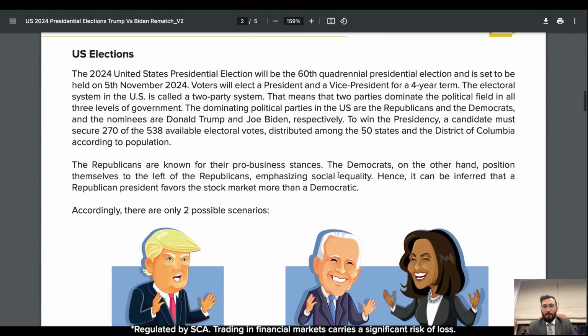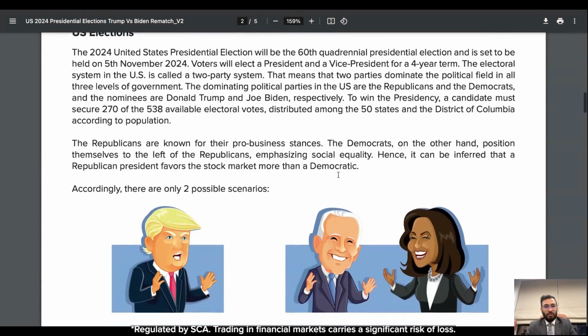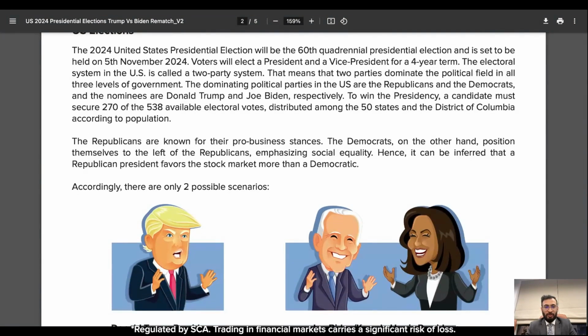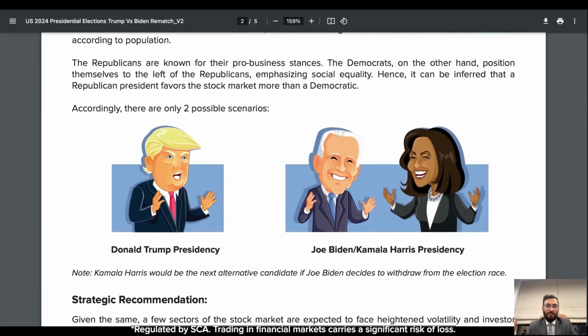And there are two parties which are going to contest the elections. Out of 538 electoral votes, the candidate who's going to win needs a majority of 270. And these electoral votes are distributed among 50 states. Now, Republicans, as we have known, are known for the pro-business stance, which means they like to cut down the corporate taxes.